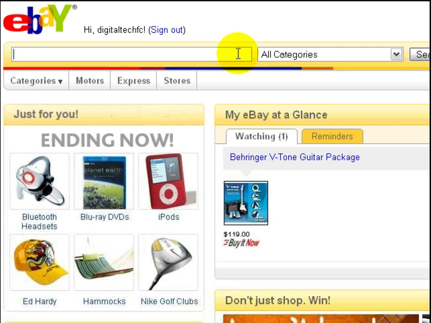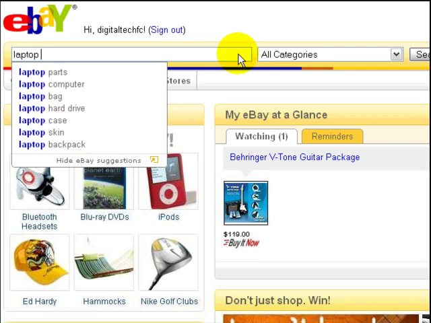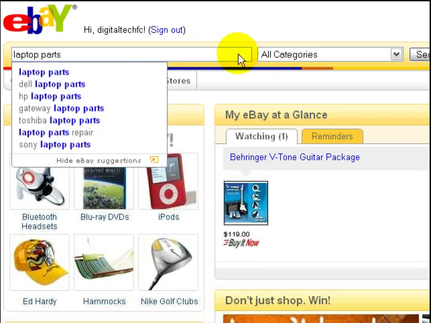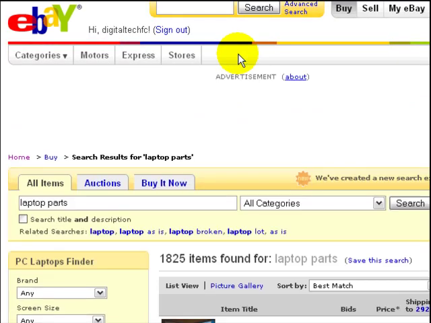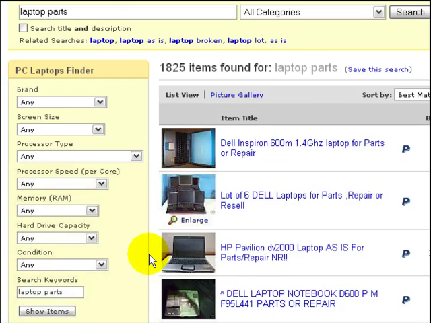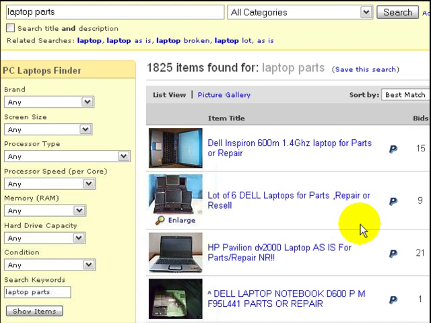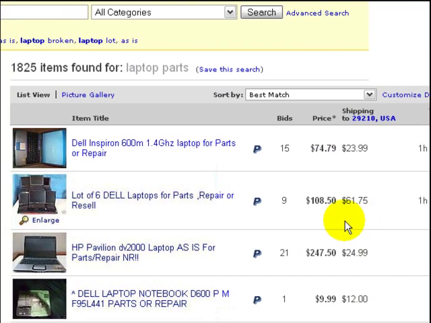Well, if I go to eBay and I type in the keyword laptop parts and I do a search, what I'm looking for is, okay, this has 1,825 items for the keyword laptop parts. That's great. But my concern is if there are truly lots of bids.